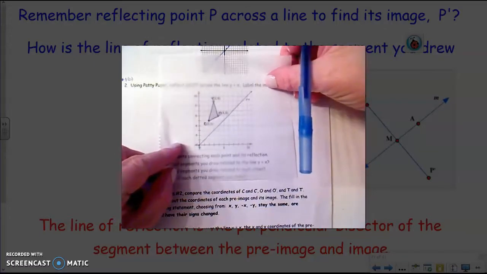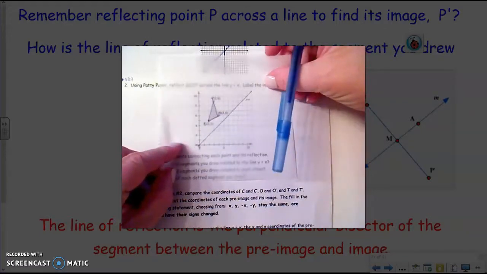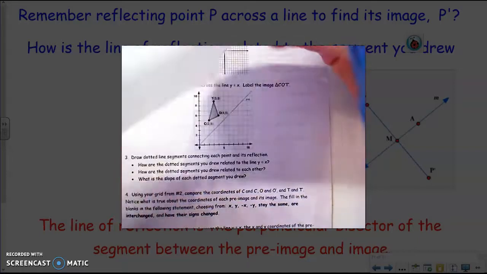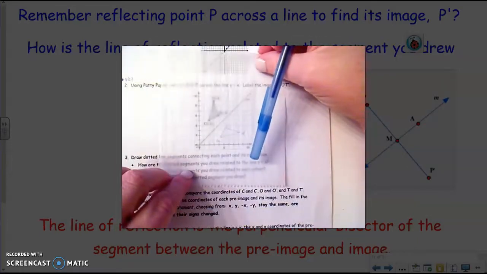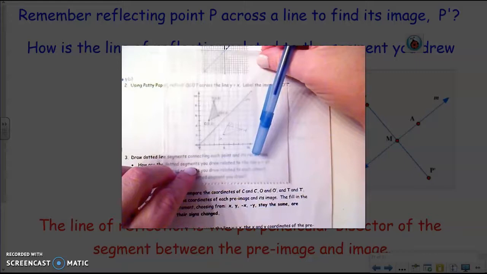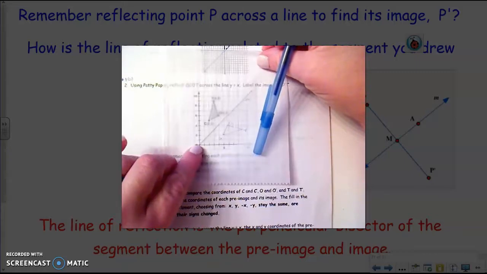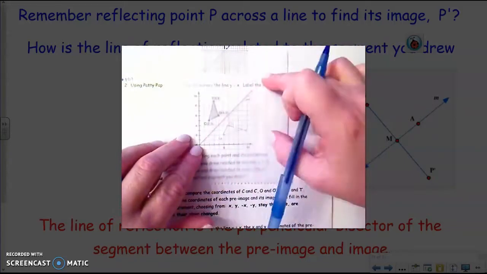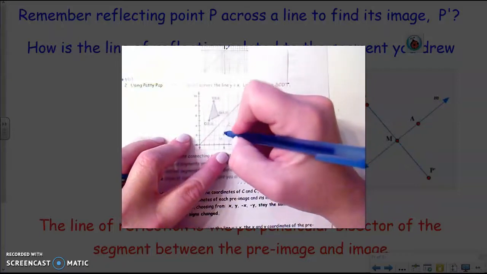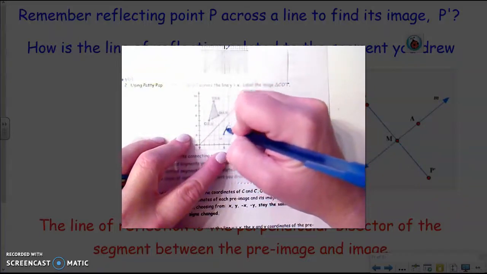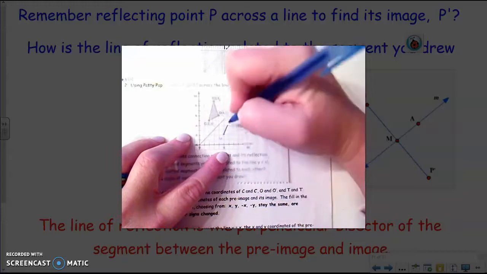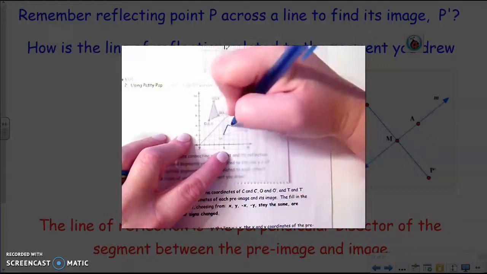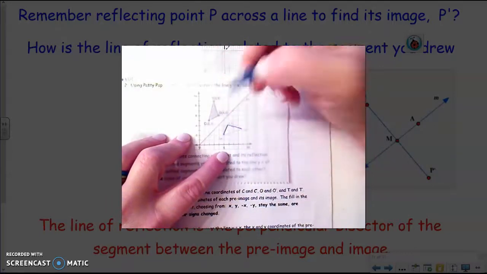We are going to reflect across that line, so that means I'm going to flip my paper. I'm going to line my paper back up with that line at (0, 0), and up here at the corner. Since I'm not using a pencil, I'm going to have to trace down really hard here to make sure that I have an imprint on my paper.